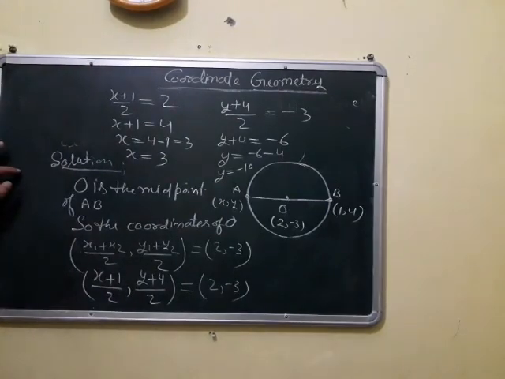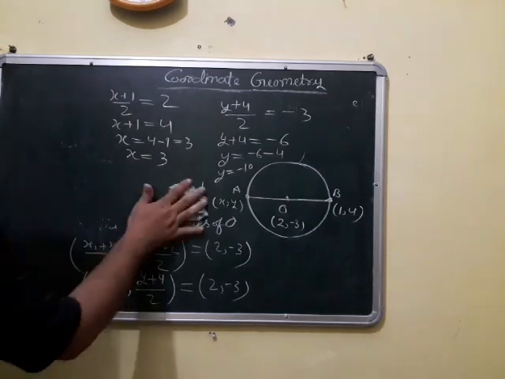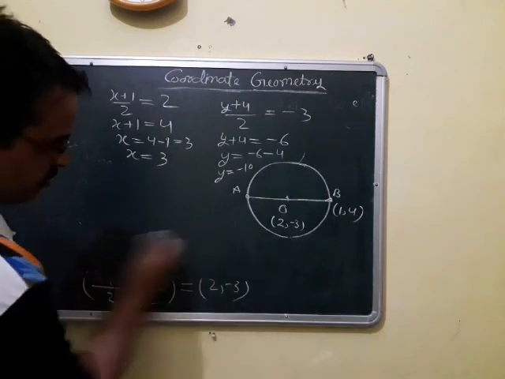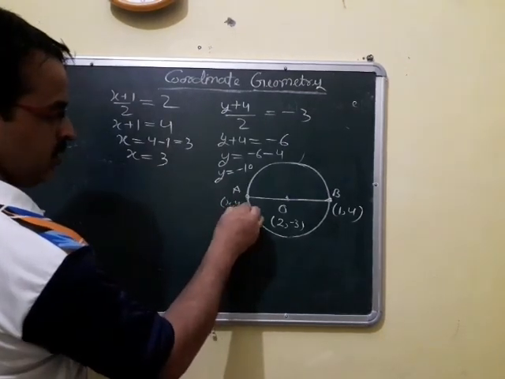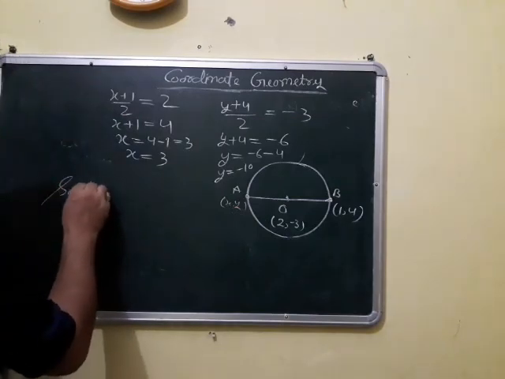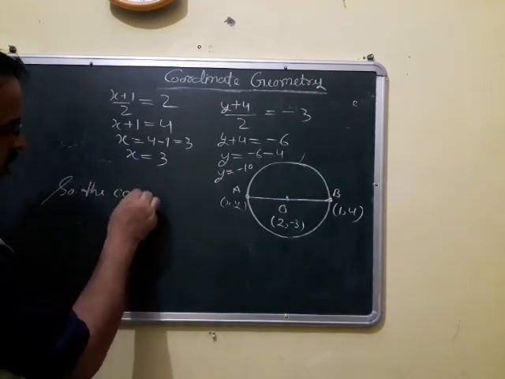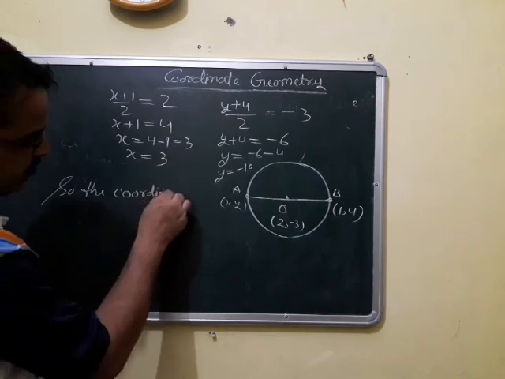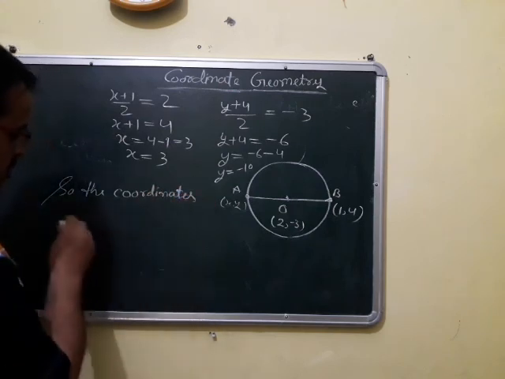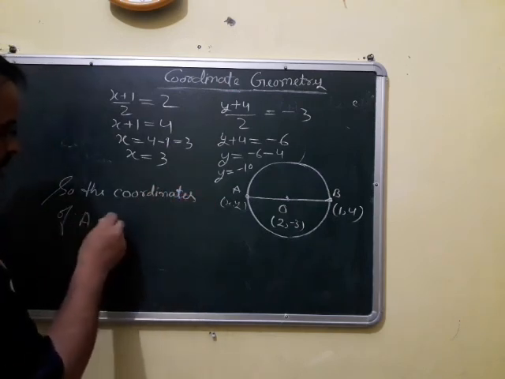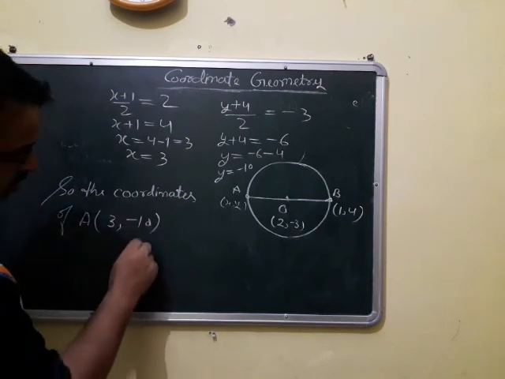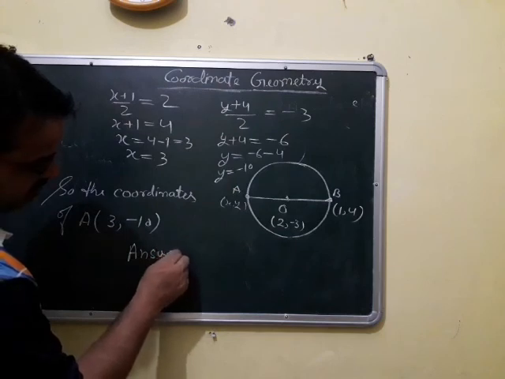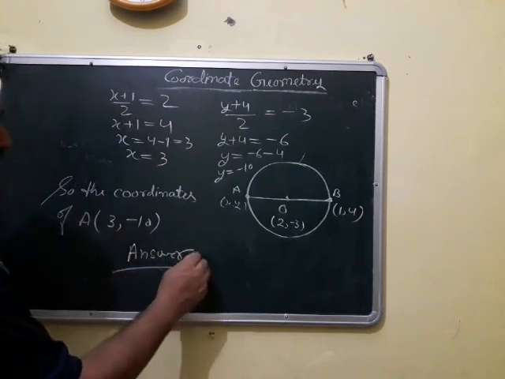So the coordinates of A are (3, -10). This is your answer.